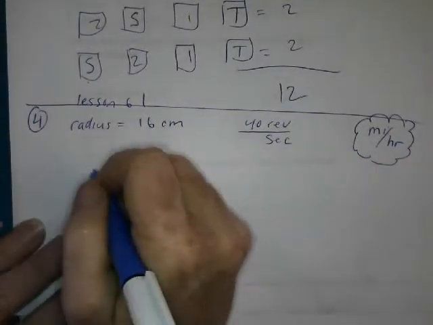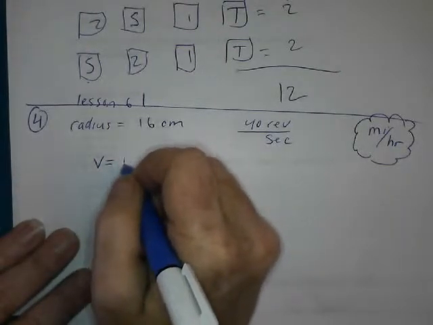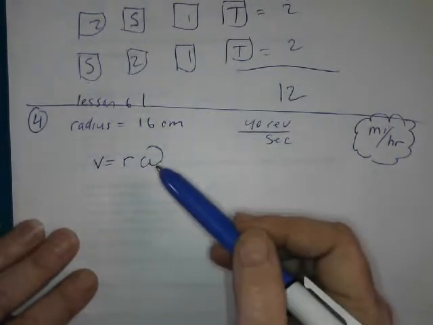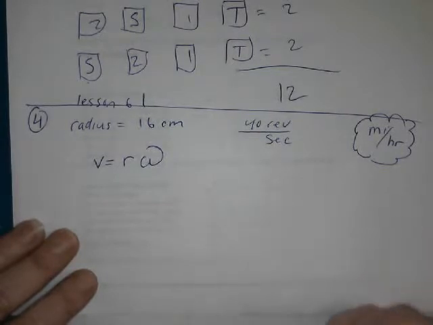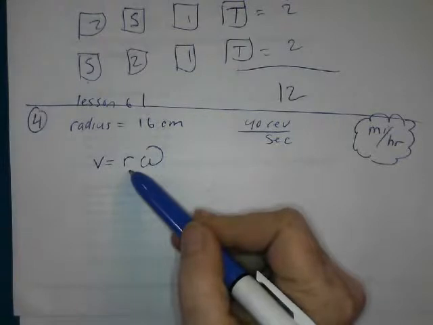And I know that linear velocity equals radius, isn't it, times angular velocity. Angular velocity is the speed in revs per second. Or is it radians? This is radius, right?